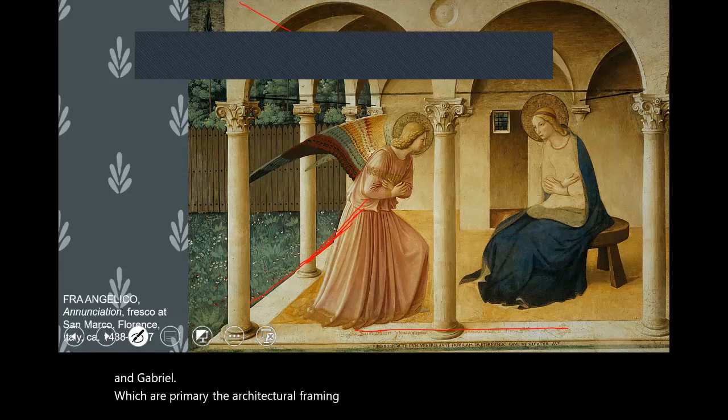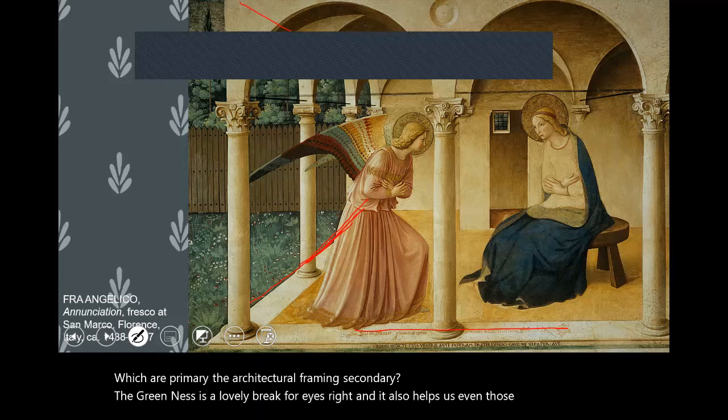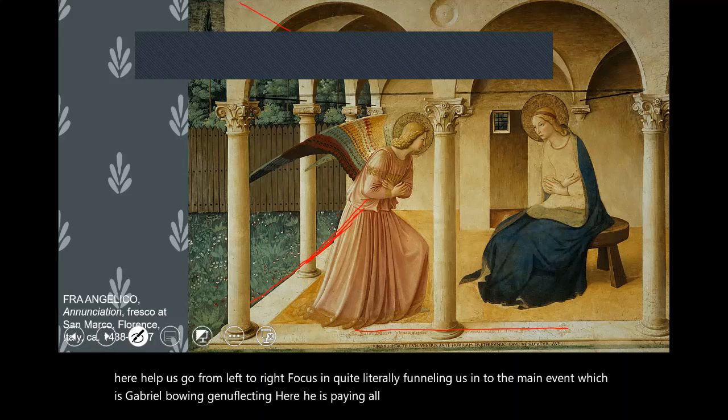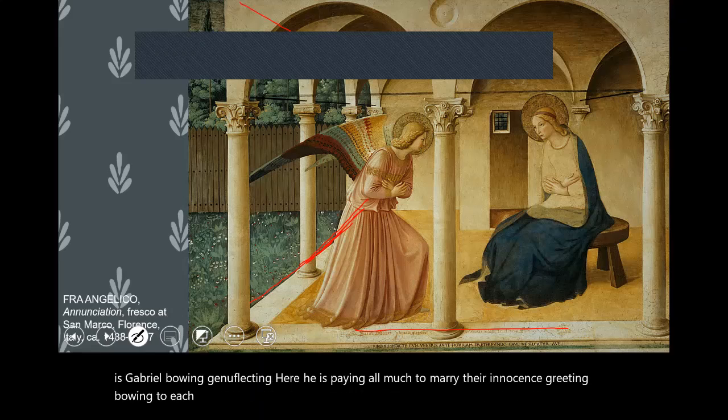The greenness is a lovely break for our eyes, right? And it also helps us, even those red lines I've left here, help us go from left to right, focus in, quite literally funneling us in to the main event, which is Gabriel bowing, genuflecting here. He is paying homage to Mary. They're, in essence, greeting, bowing to each other. This is the moment before the news is delivered.